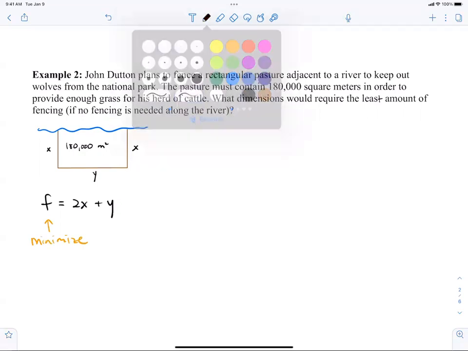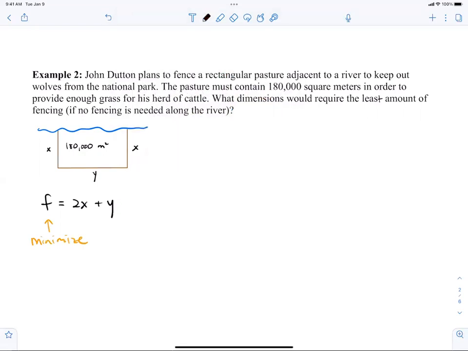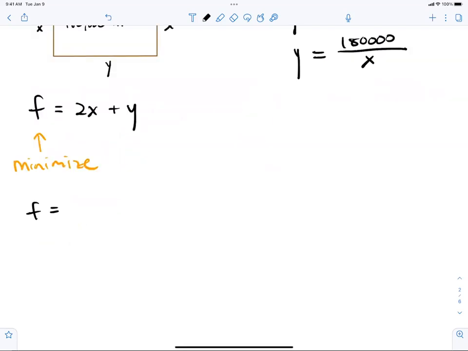Exactly, that ends up being our secondary equation. So if we solve for Y in our secondary equation, we can rewrite our optimization equation in terms of X.